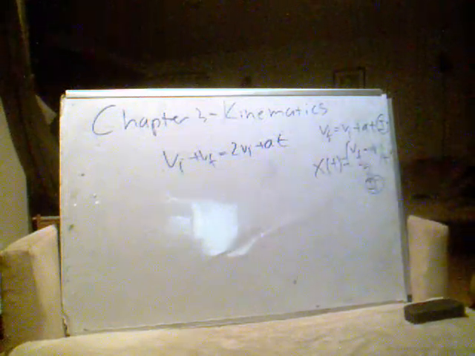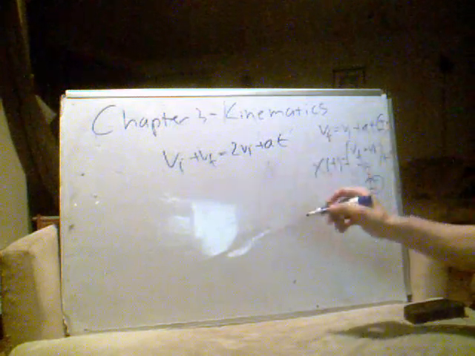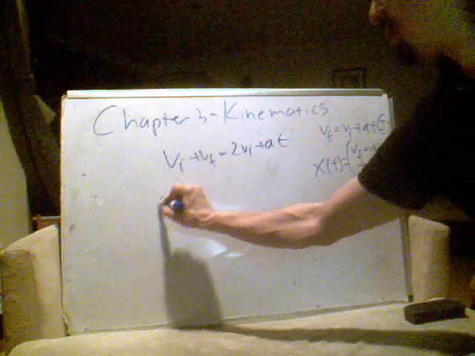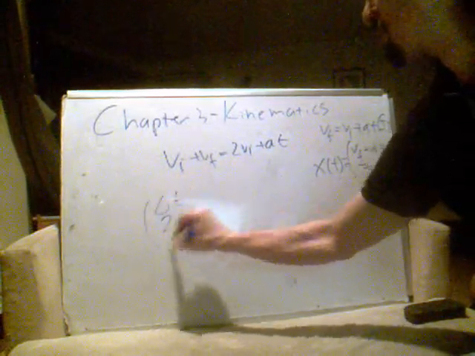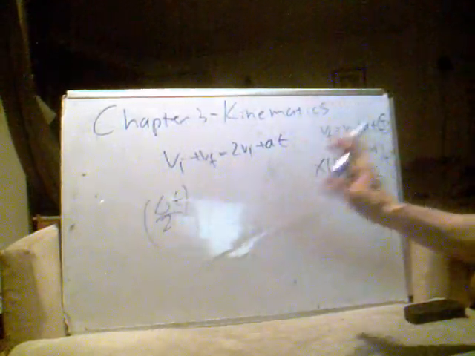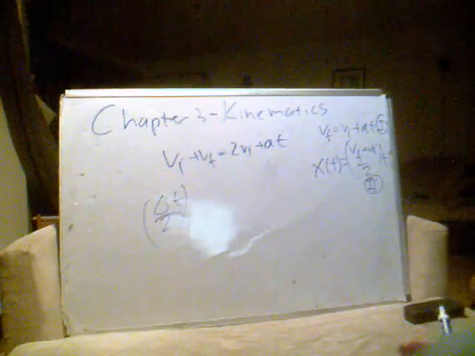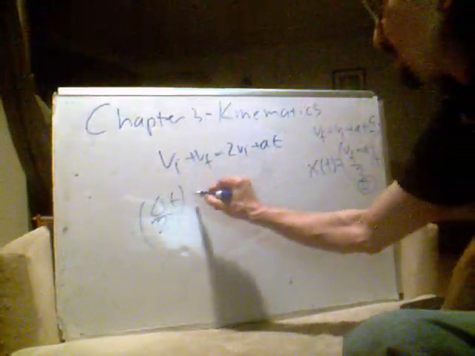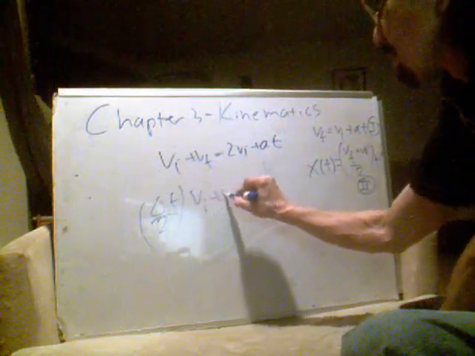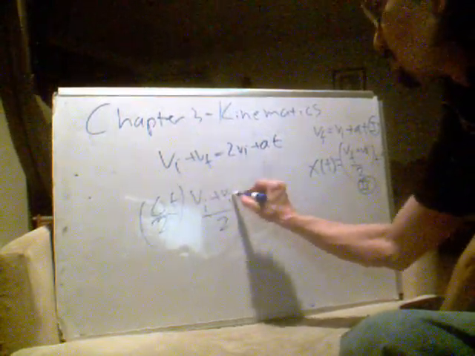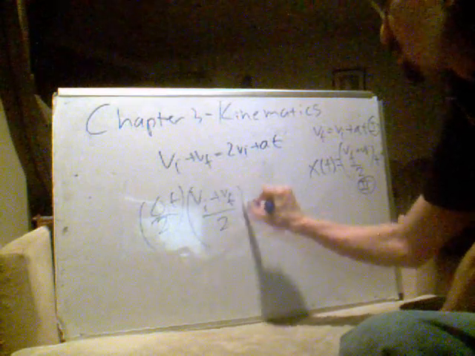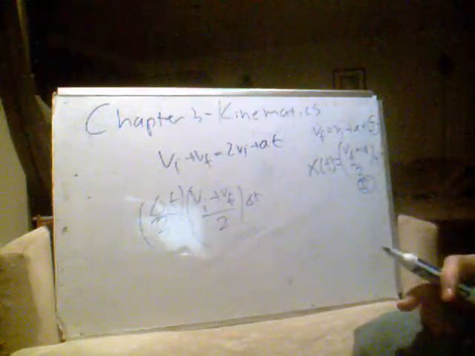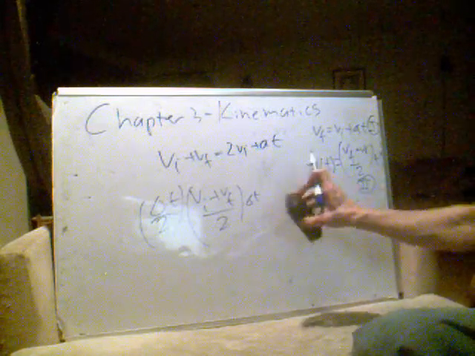Now, I'm going to multiply both sides by delta t over 2. I know that's going to sound a little funny, but you've got to just bear with me here for 1 second. This is actually going somewhere. So we've got initial velocity plus final velocity over 2 times delta t, or time, you know what, let's just remove the delta.